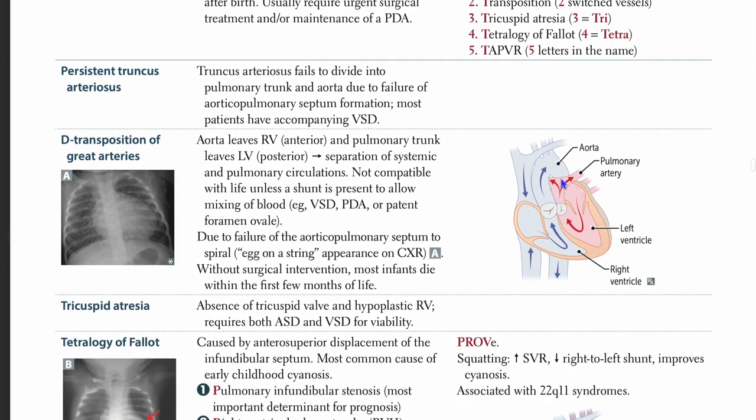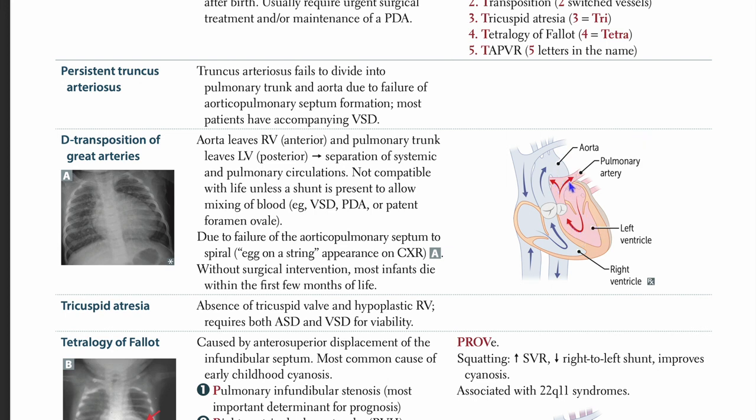Rather than having the pulmonary artery coming from the right ventricle, you have the aorta coming from the right ventricle. And rather than having the aorta coming from the left ventricle, you have the pulmonary artery coming from the left ventricle.